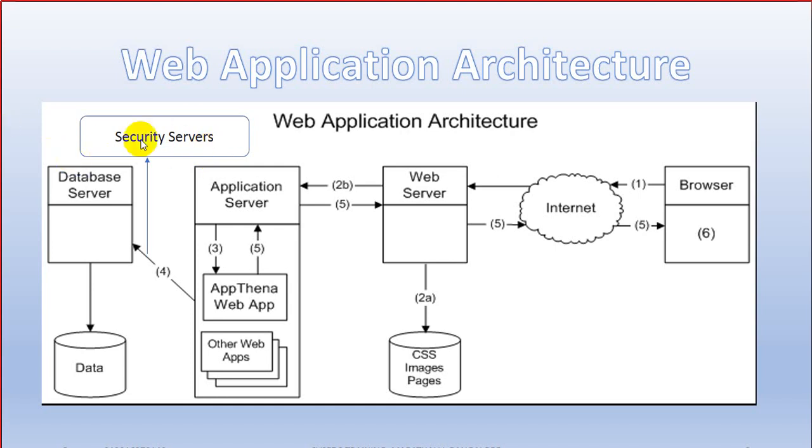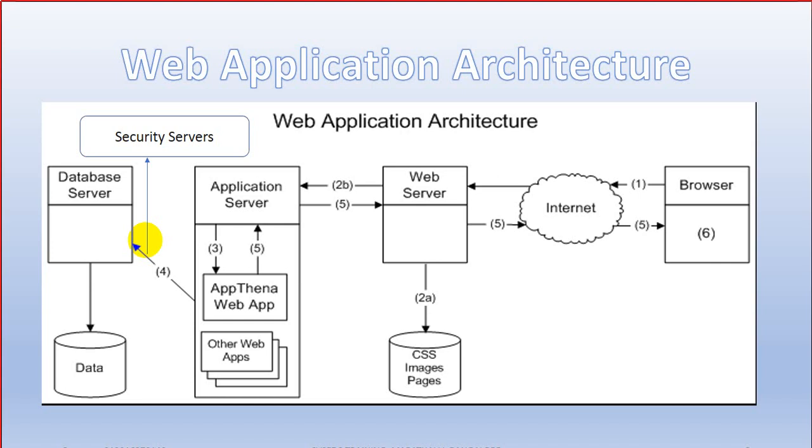Let's take a very simple example, Gmail. If you give your username and password, you are logged in. If someone gives the wrong password, it won't let them in, and it shows an error message: invalid username or password.